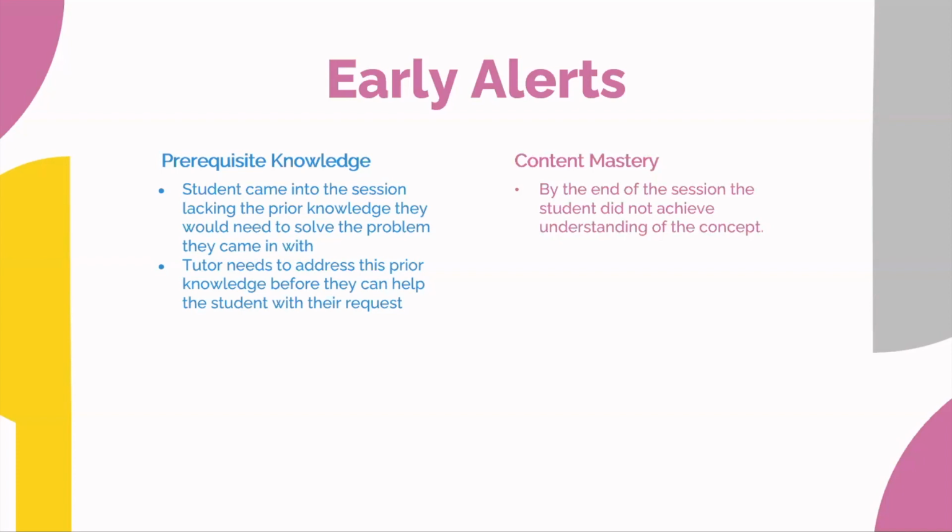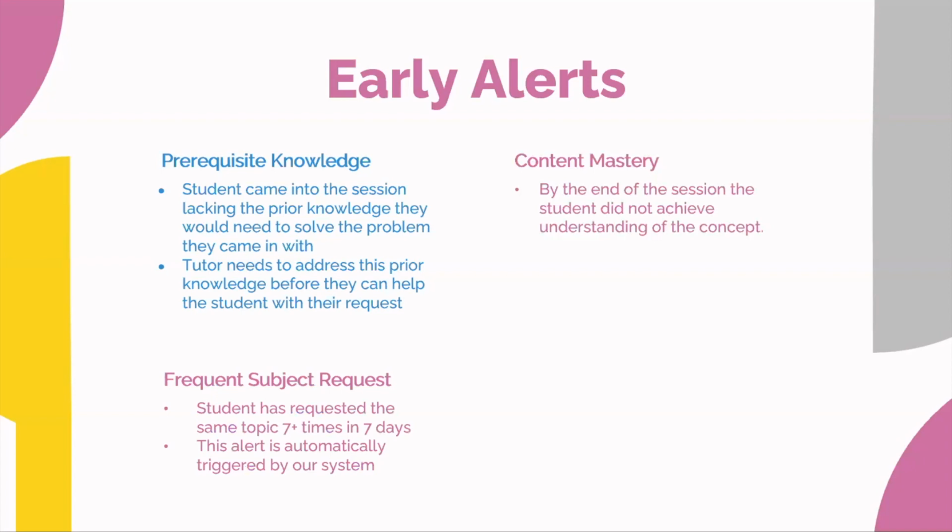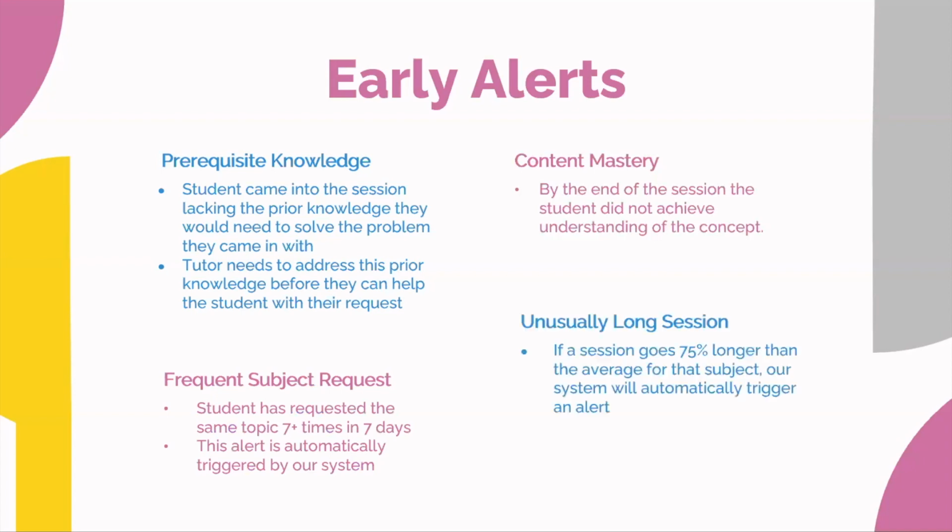Both of these alerts are triggered by tutor responses to the post-session survey. Students may also be automatically flagged if they are frequently requesting help in the same subject, or if the session was unusually long. These last 2 alerts are automatically triggered by our system.